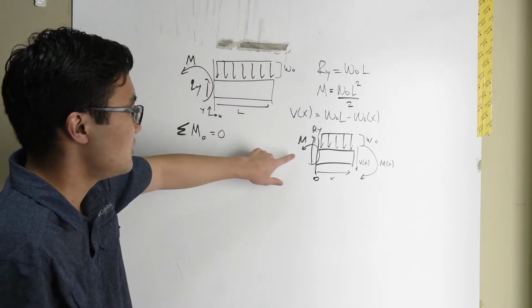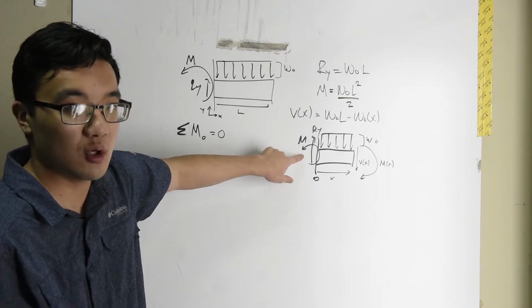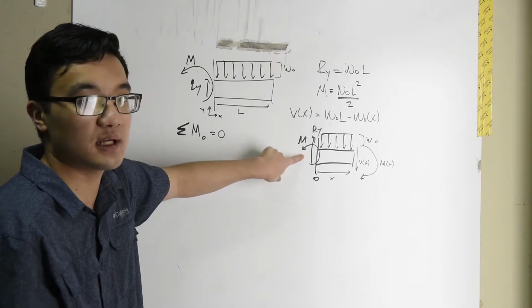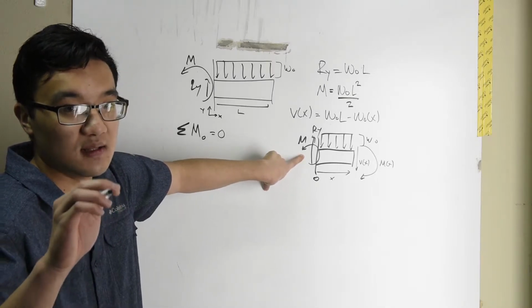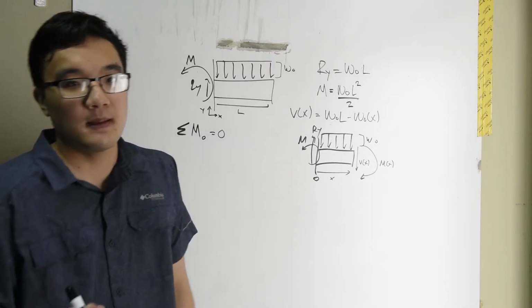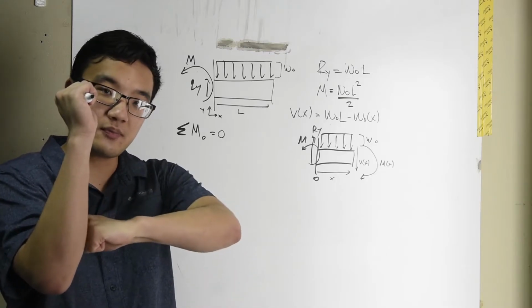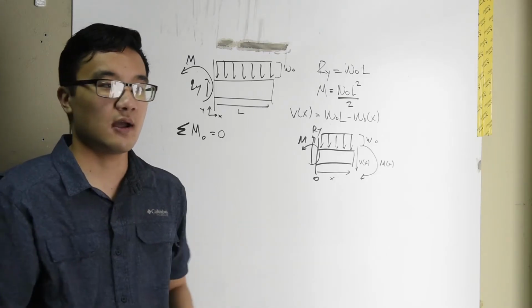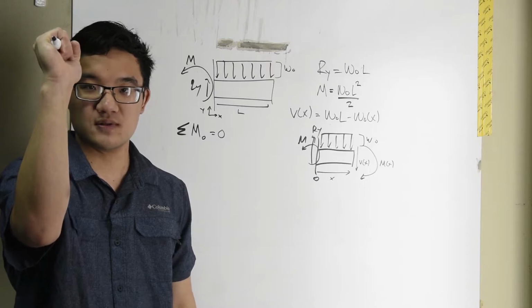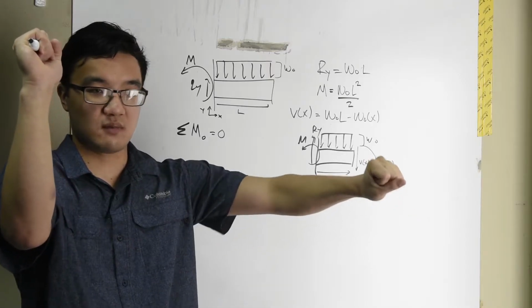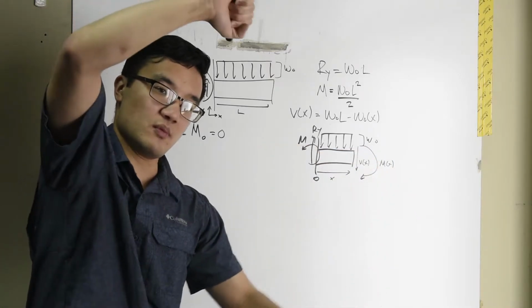What do I have? Does R_y contribute a moment? And the answer is no, because a moment is a force times a distance. And remember, it's not just a force times any distance. It's the force times the perpendicular distance. So if I've got a force acting upwards over a distance to my point here, that's going to create a moment like this.